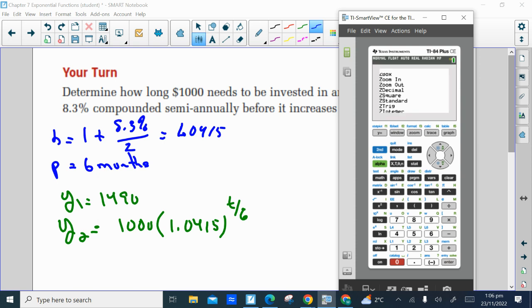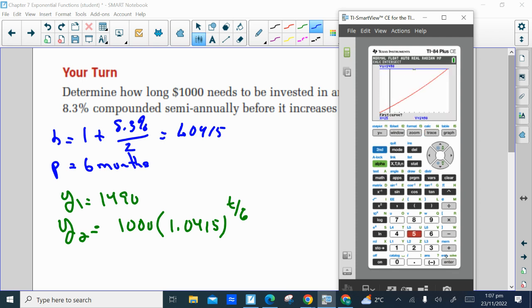Zoom 0 for zoom fit. Again, we can't quite see the point of intersection, so we need to make our x max larger. Let's make our x max 60 in this case. Now we can see the point of intersection.